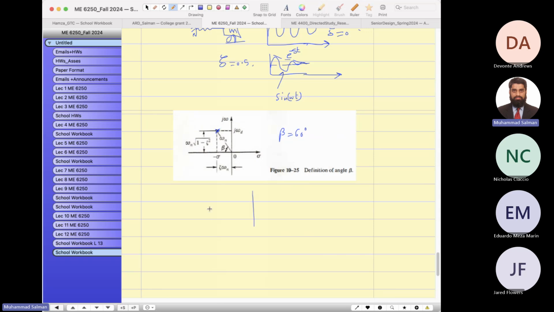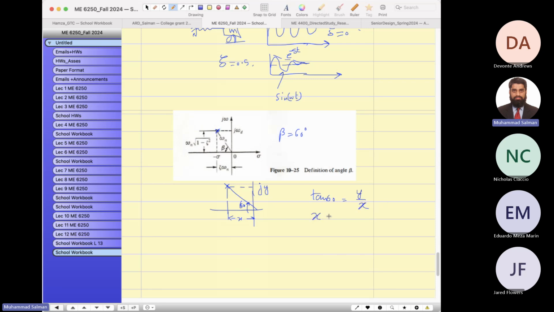So let me redraw it here. If this is 60 degrees, and imagine this is my x value, this is my jy. So if this is 60 degrees, what is tangent 60 equal to? y over x.